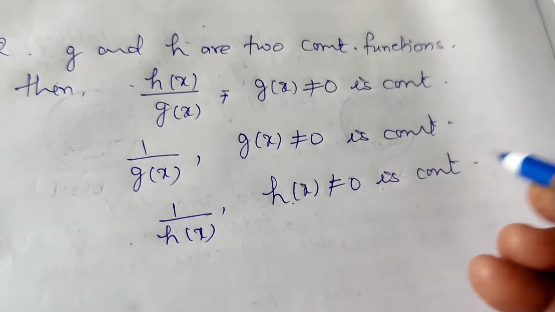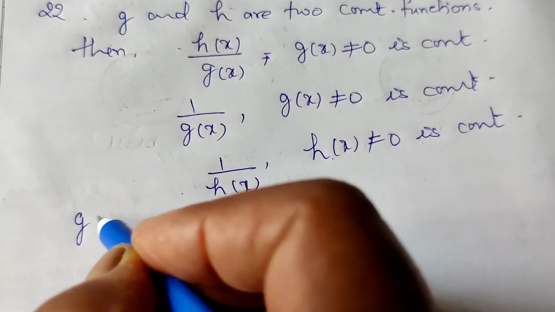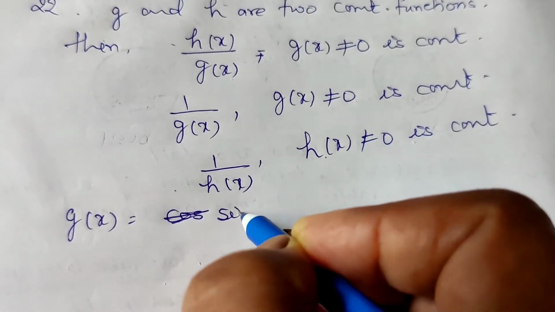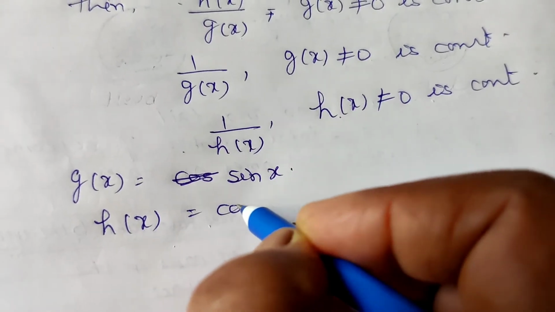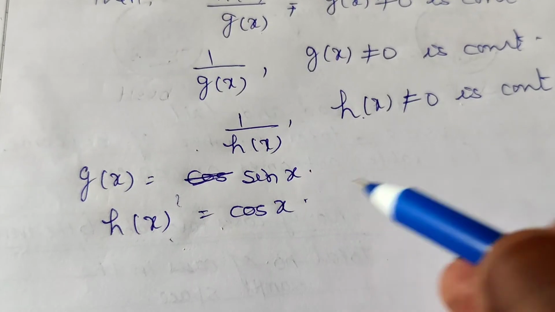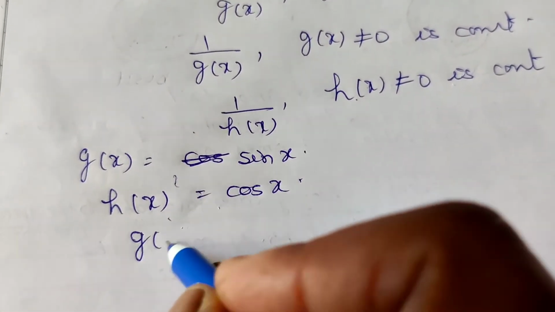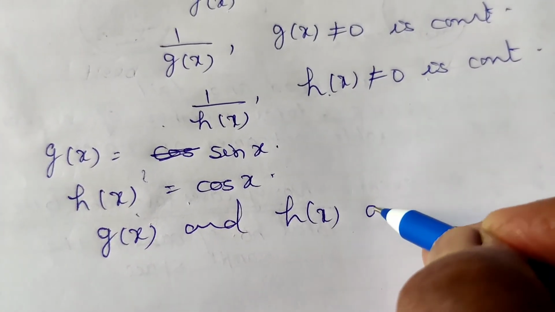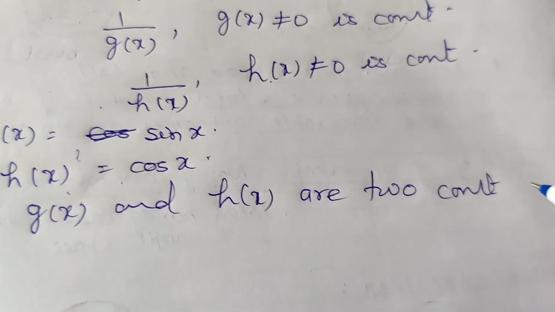In the previous question, we solved already g(x) equal to sin x and h(x) equal to cos x. We have proved that g(x) and h(x) are continuous functions.